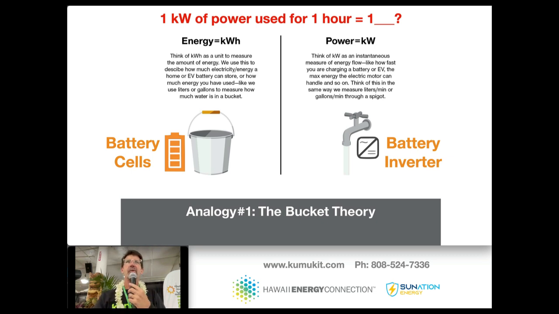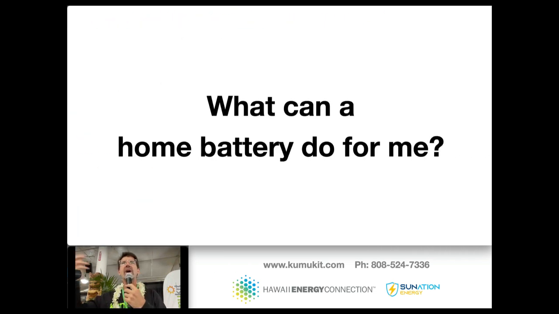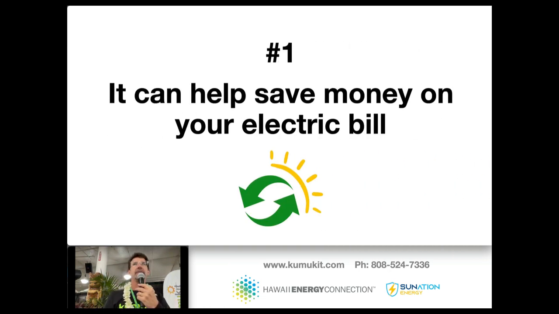So, what can a home battery do for me? Why are they on all of these booths around? Number one, it can help you save money on your electric bill. It's called solar self-consumption.